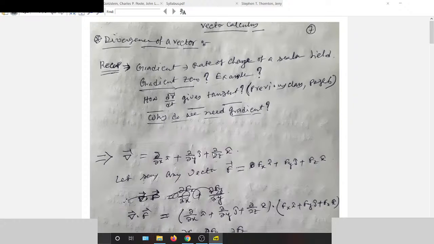Another example I can think of is the gravitational field or gravitational potential. Let's say a particle is moving on a surface in your home. The gradient of the potential that the particle will feel is also 0 because you are on the same plane.